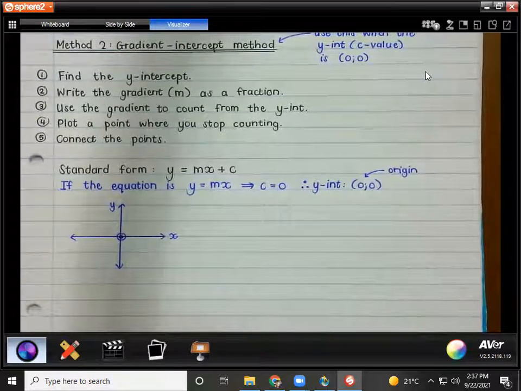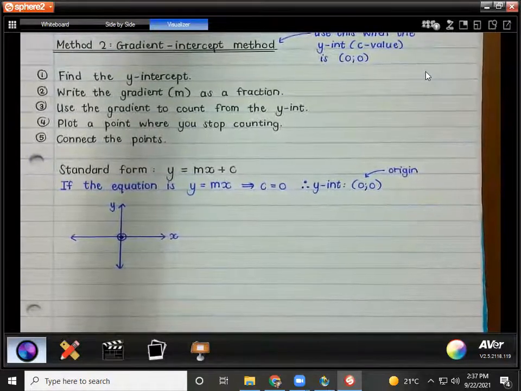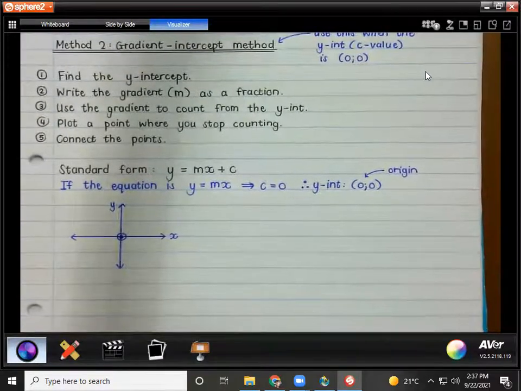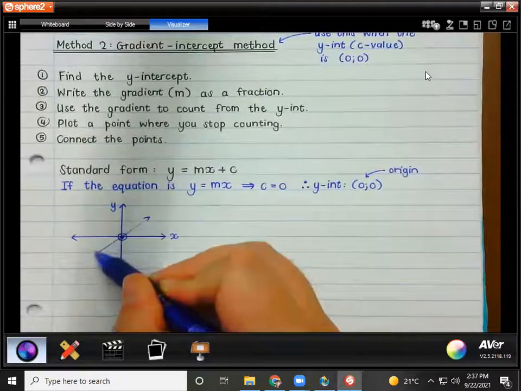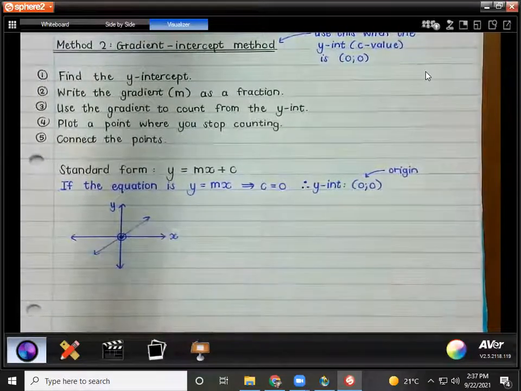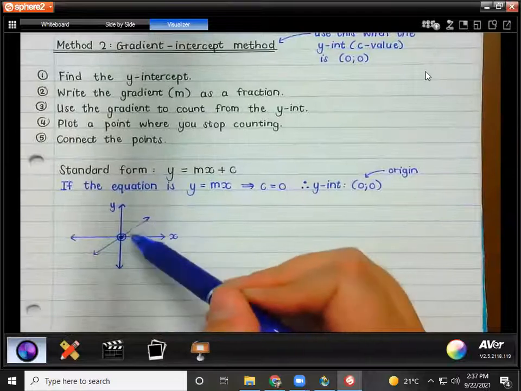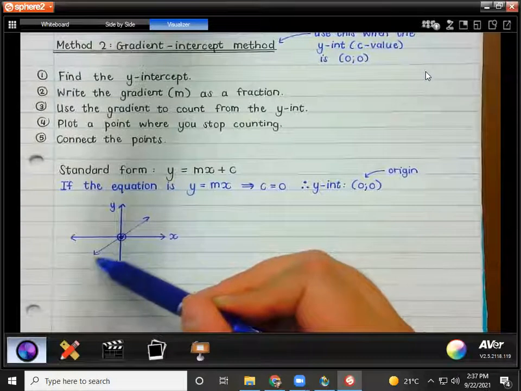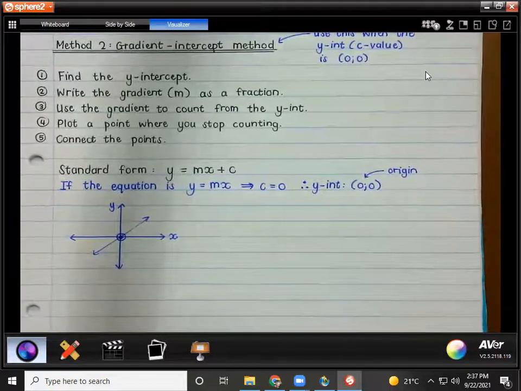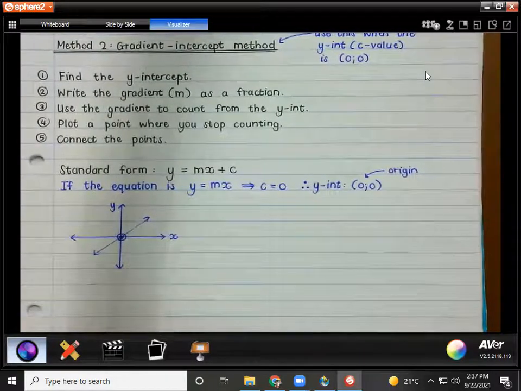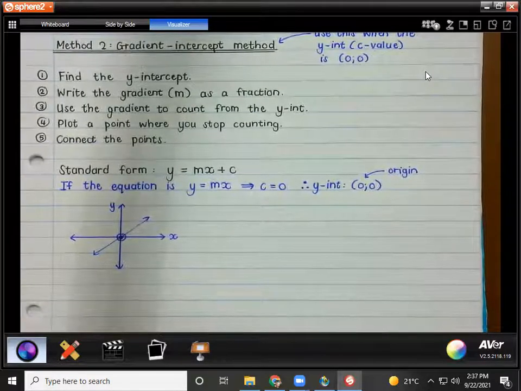Isn't that the x-intercept as well? It's definitely the y-intercept, because it goes through the y-axis. If we had a line like that, for example, you don't have to draw that in, the line goes through the y-axis at 0. But isn't that the same point where it goes through the x-axis? So if your y-intercept is (0, 0), that is actually your x-intercept as well.